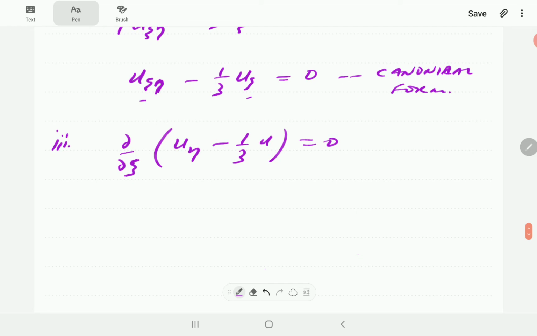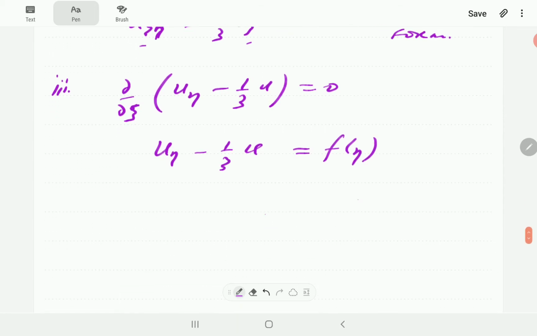This then we can integrate with respect to xi, and we're just going to remain with the terms inside the brackets. When we integrate with respect to xi, we get an arbitrary function of eta, because this is partial integration. And then this we can treat as a linear first order ODE.